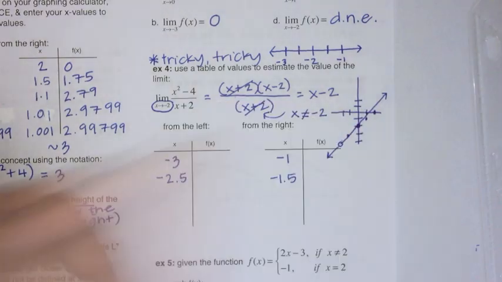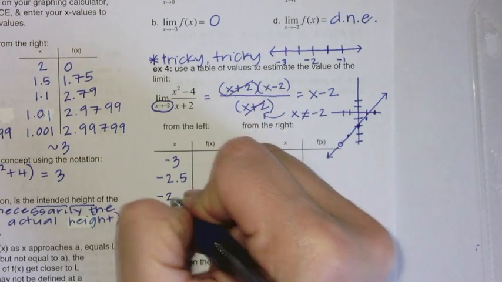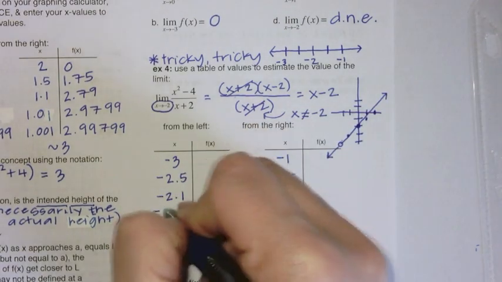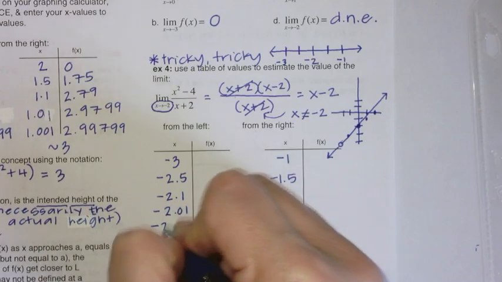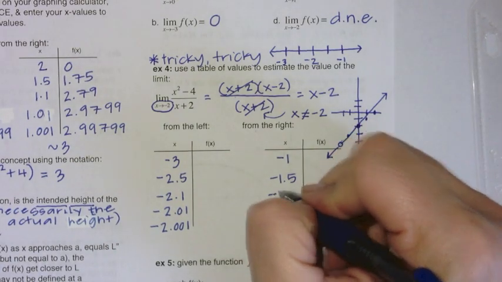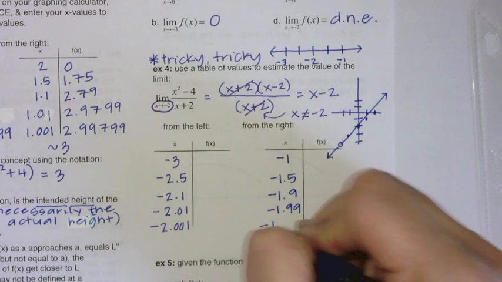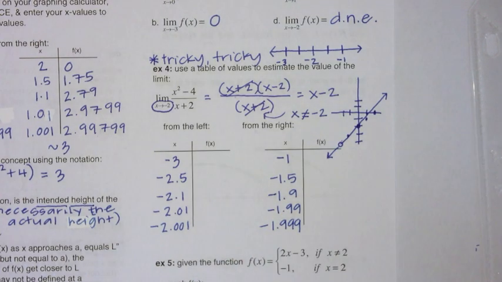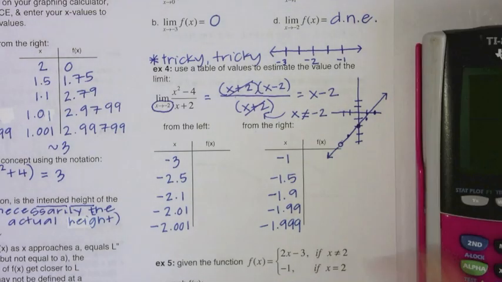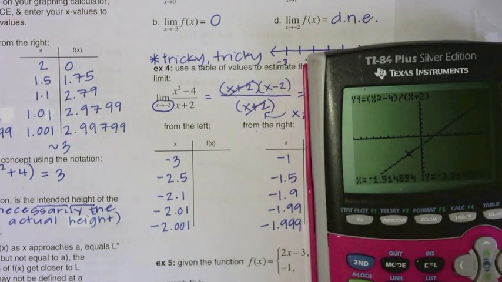And then plus or minus 0.1, we have that written over there if you need it. So negative 2.1, negative 2.01, and negative 2.001. And then over here, negative 1.9, negative 1.99, and negative 1.999. How do I find the y values? Aside from plugging them in, which would be really tedious, I'm just going to hit trace and type in the numbers here.